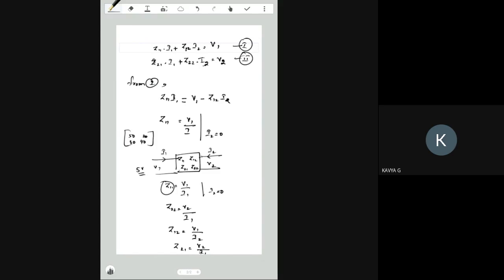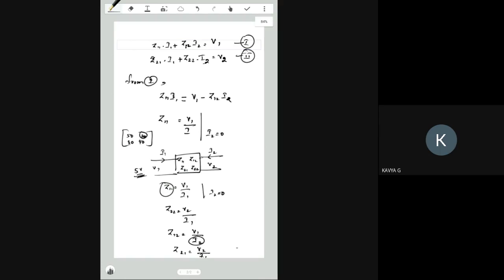Similarly, if Z12 is 20 and the input voltage is 5 volts, I can easily find out what current will come from the output of this device.